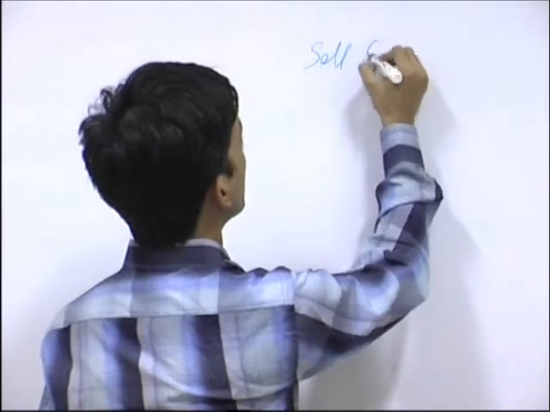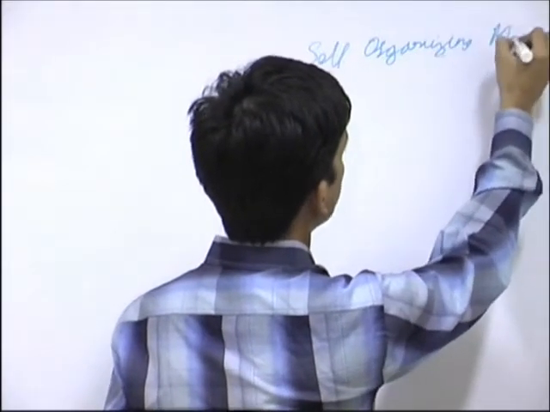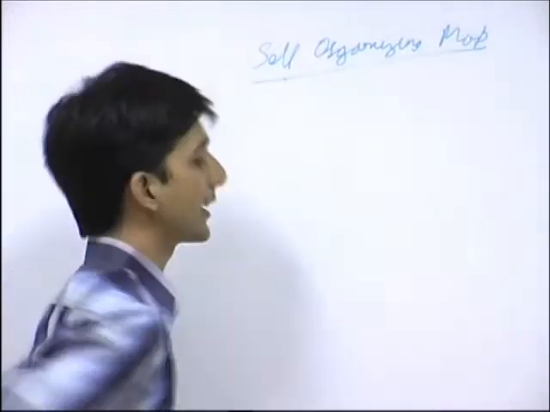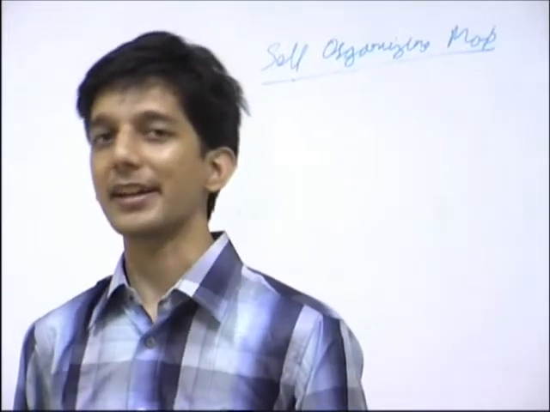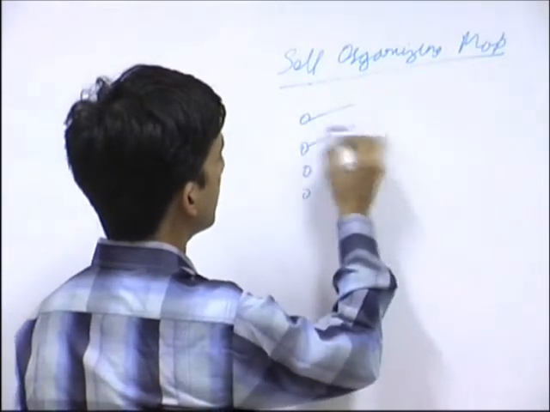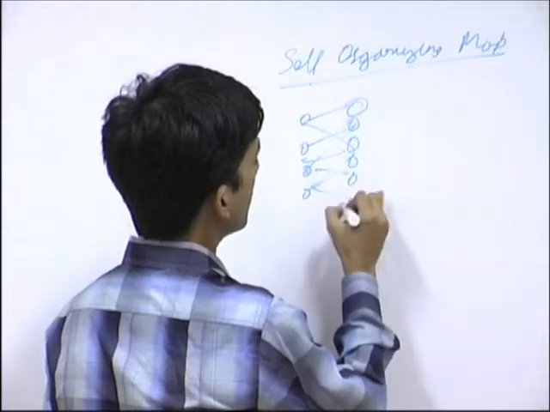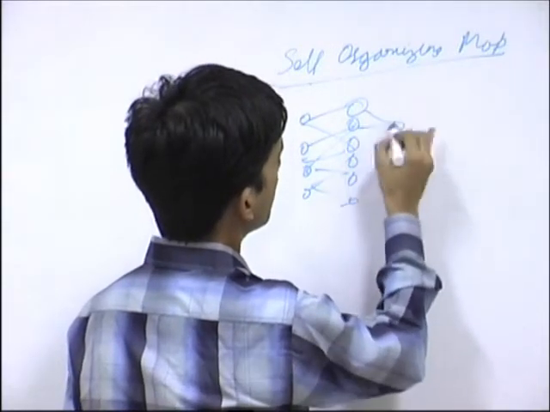The next model of study is quite similar in nature, except for one small difference, and it is called the self-organizing map. Again, a three-layer architecture. There is a hidden layer and an output layer.